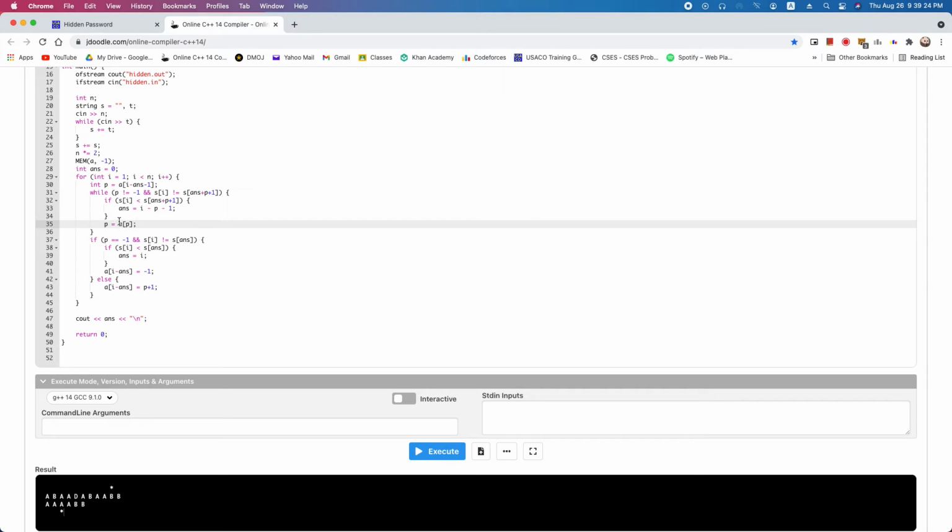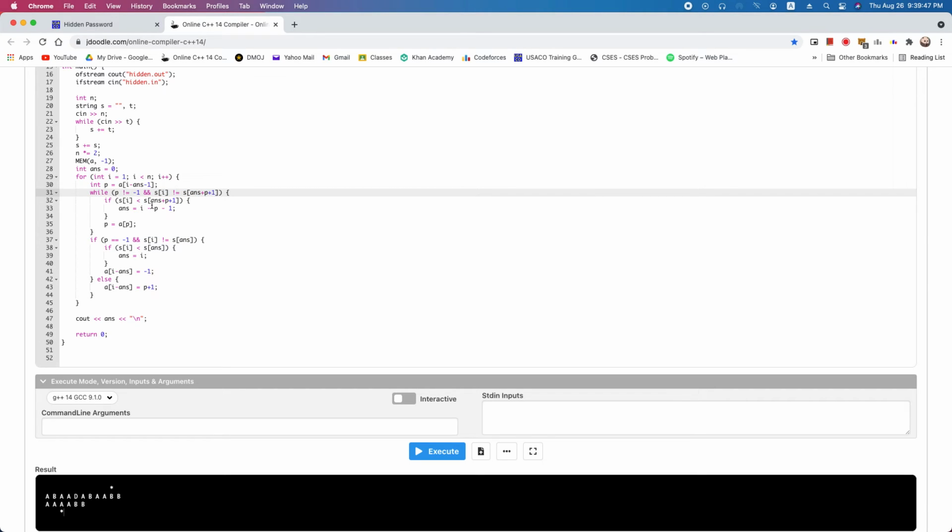Then we will set p to the longest prefix that's also a suffix of the substring with length p. So we can always decrease p every time, and check for the smallest one until we reach a letter that actually matches.